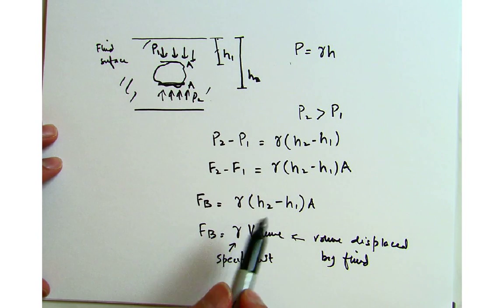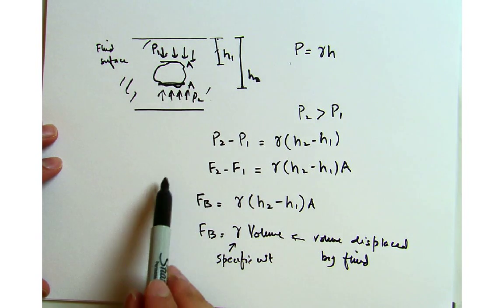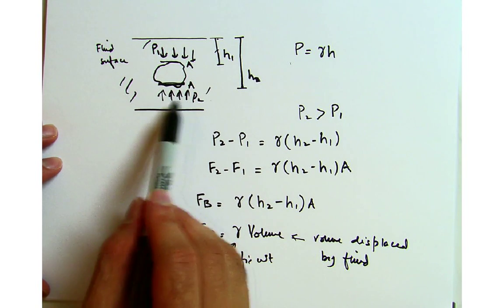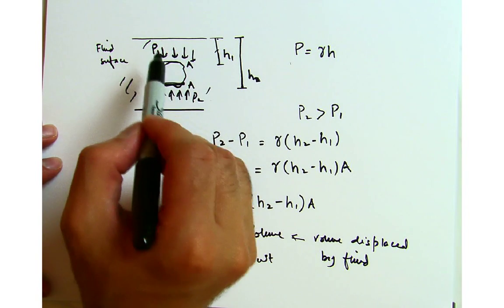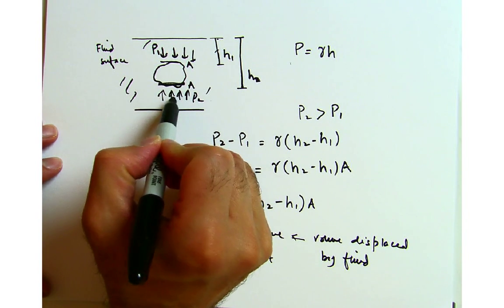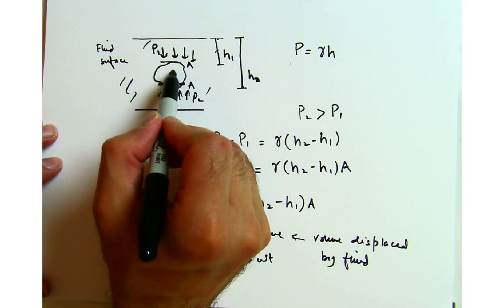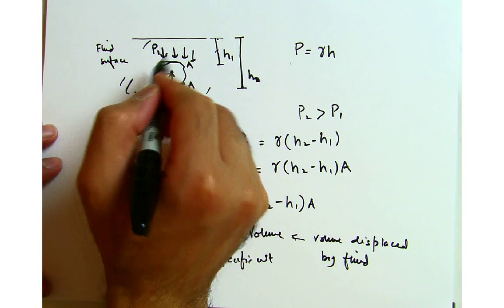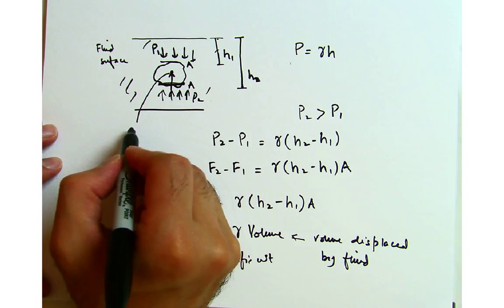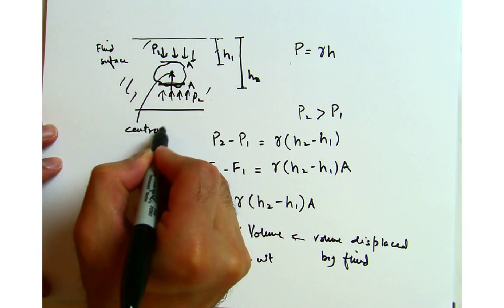This is a force which acts upwards, because you have a high pressure down below and a lower pressure on the top. So the net effect is a net force acting upwards, and the location where that force acts is at the centroid of this geometry. Whatever that geometry is, it will act at the centroid.